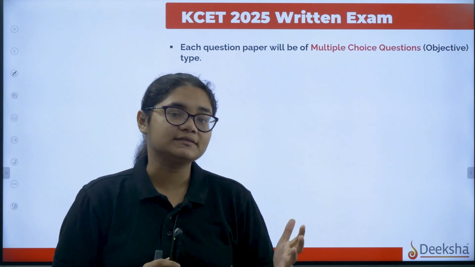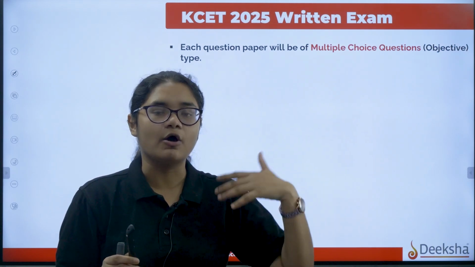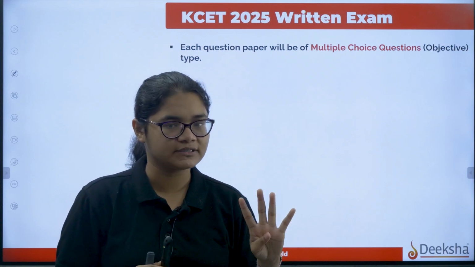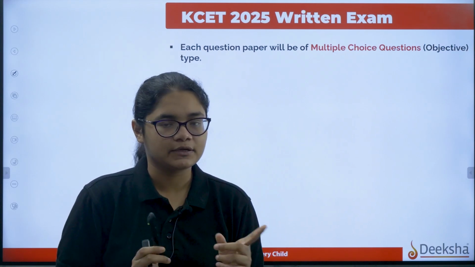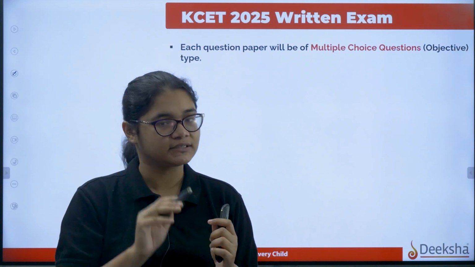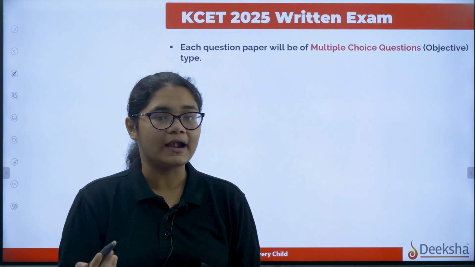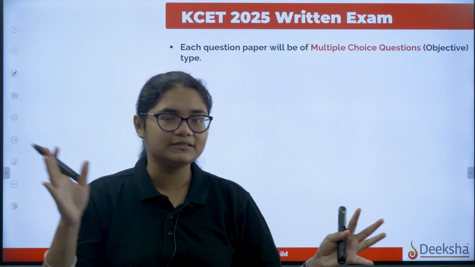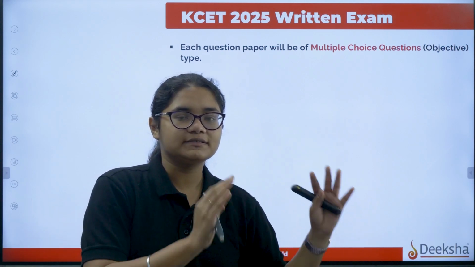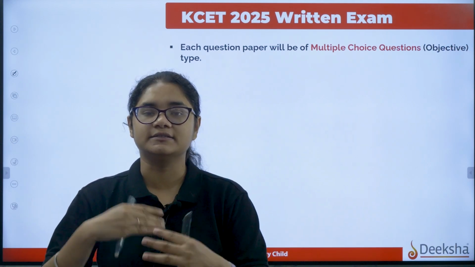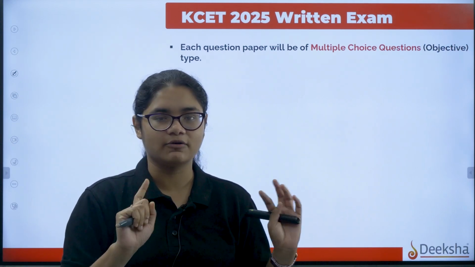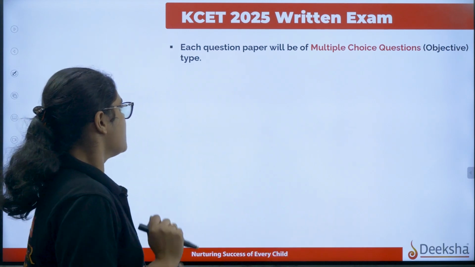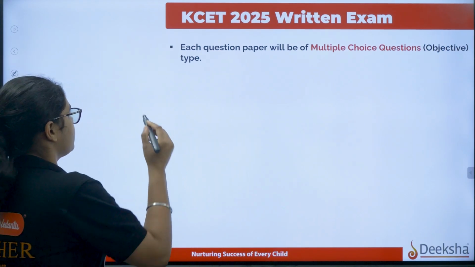Next we discussed the mode of the exam, that is offline, conducted in 2 days and 4 sessions. Total questions is 60, each question carries 1 mark, so 60 marks, no negative marking, and the time duration is 80 minutes. This 80 is divided into 10 minutes and 70 minutes, right? 10 minutes is for filling the details, 70 minutes is for shading the answer. We'll come to what shading of answer is.